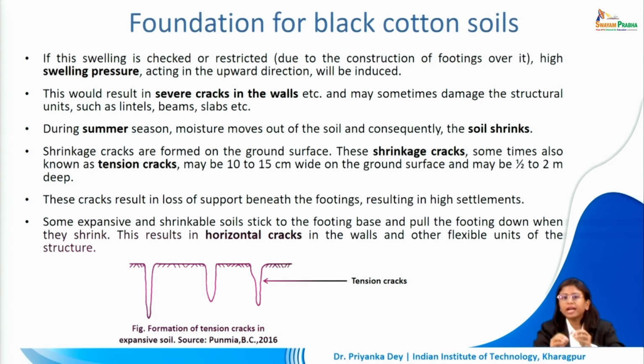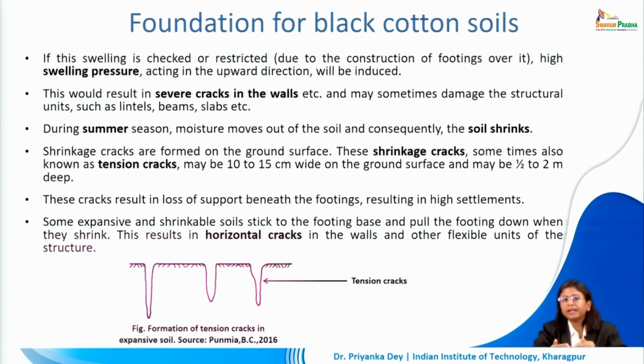Now these cracks are going to result in a loss of support underneath footing and will cause very high settlements in the structure. In the previous lecture, we had discussed how settlement in our buildings can cause major damage, and that is one of the functions predominantly that footings will have to take care of.